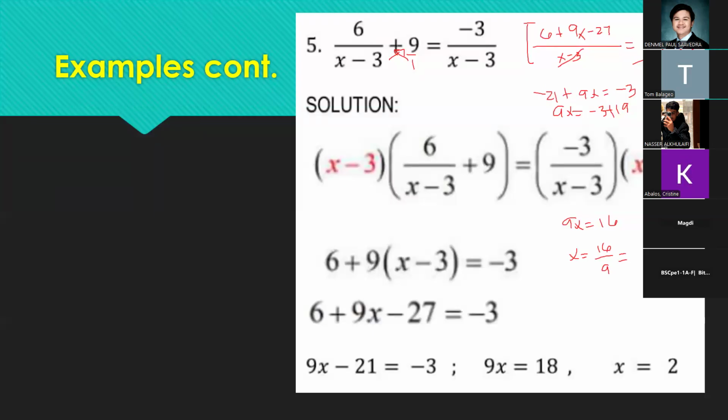Negative 21. And this is also now positive 21. So negative 3 plus 21 is 18. Okay, so therefore it's 18 over 9. 18 over 9 is just simply 2, which is now the same with that one.